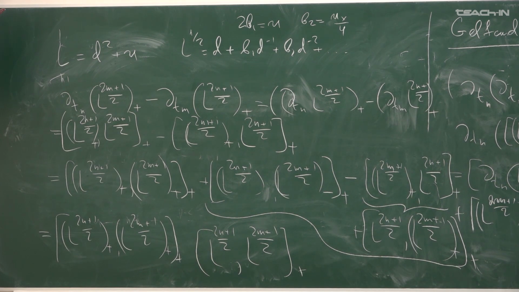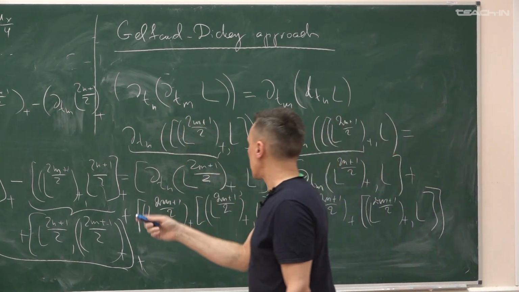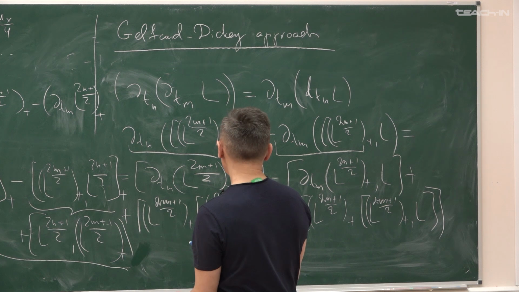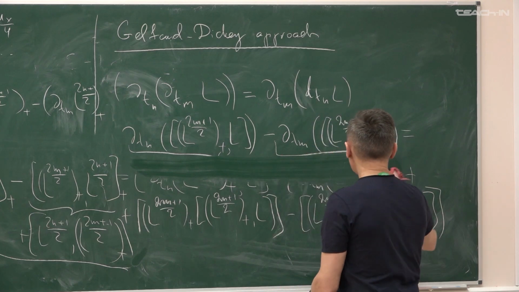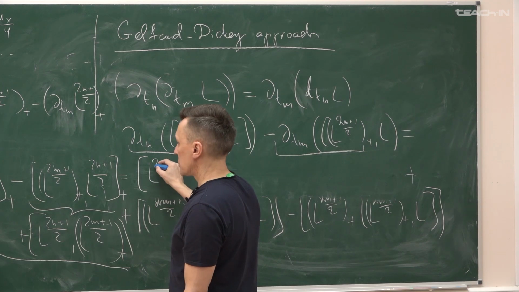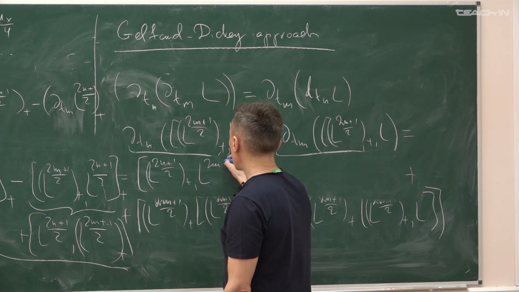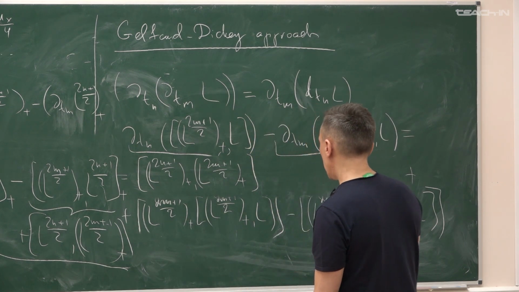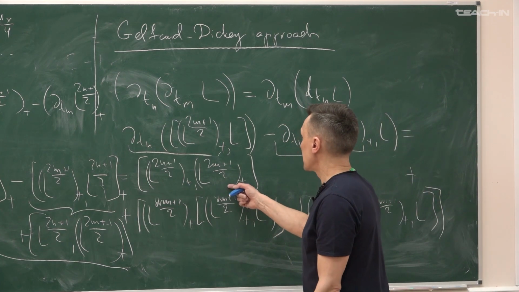And so it was about this part of this expression. I will rewrite it now. I prefer to erase this line, and we will get here L to n plus 1 over 2 plus, L to m plus 1 over 2 plus, commutator even without plus, because they are non-negative.